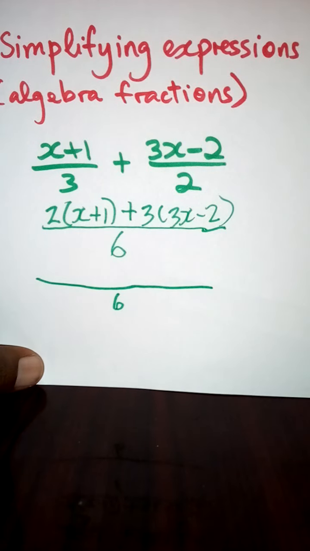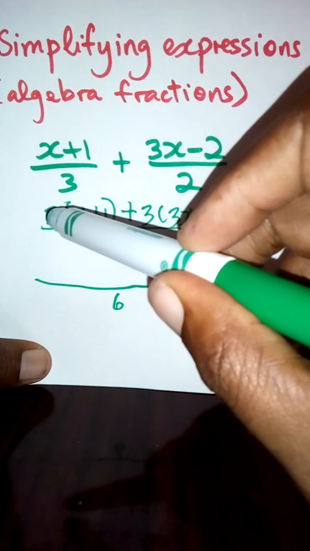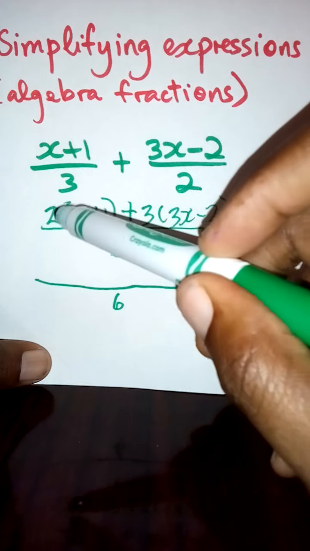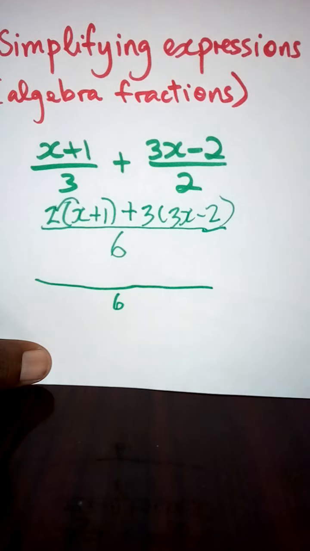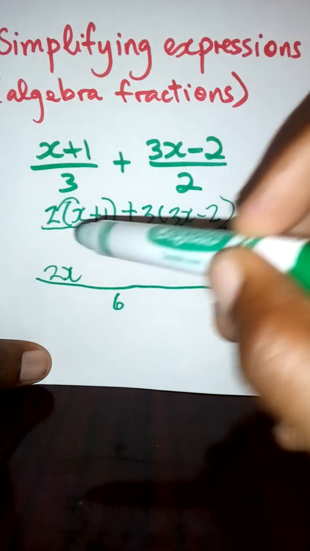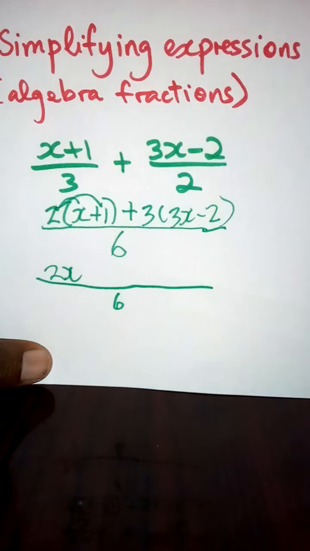Now, let's expand both brackets. The first bracket, remember, whatever is outside of the bracket, you will use to multiply the terms inside of the bracket. So now 2 times x is 2x. 2 times 1 gives 2.